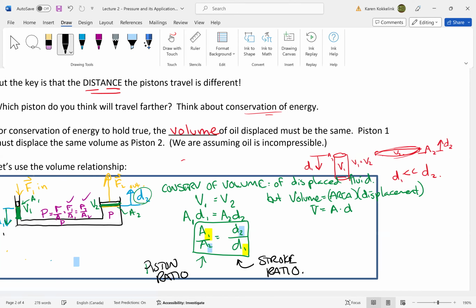Because the distance that a piston travels inside its cylinder has a specific name, a technical name, and that technical name is called the stroke.